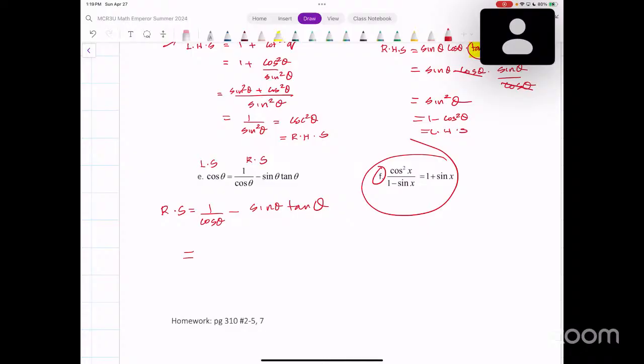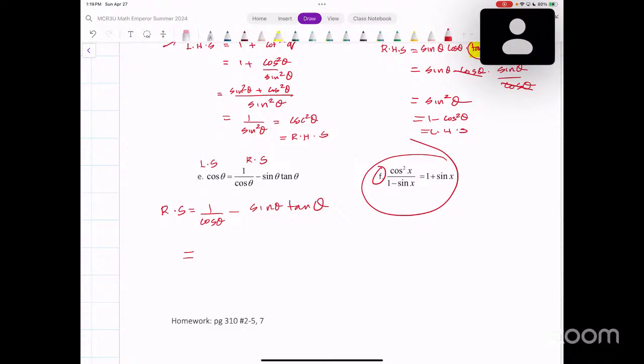How do you show sine squared theta right away? It's not sine times sine. You're missing an angle. Who's going to put the angle? Sine, cos. Where's the angle? Cos theta, sine theta. You can't miss the angle. Did you change that tan theta to sine theta over cos theta?